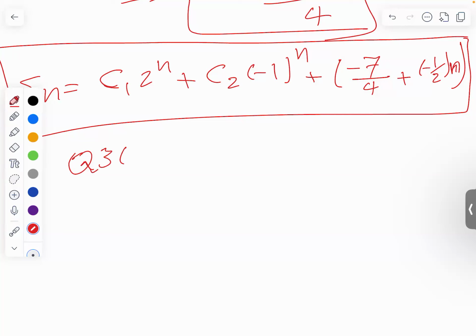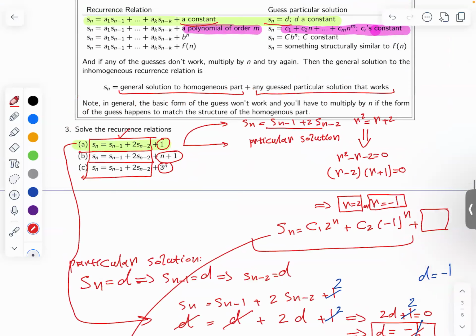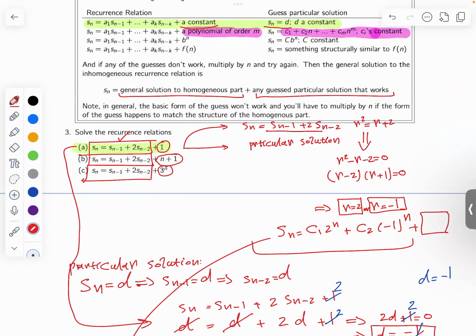Question 3 part C, Sn should be C times B power n. Did you understand? So since the non-homogeneous part is 3 power n, the particular solution is C times 3 power n.